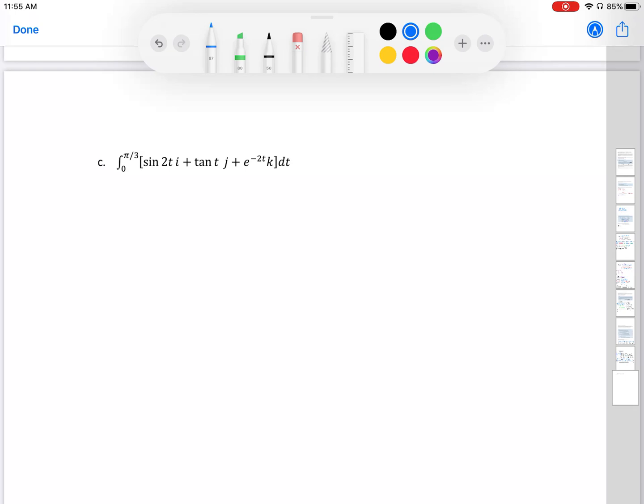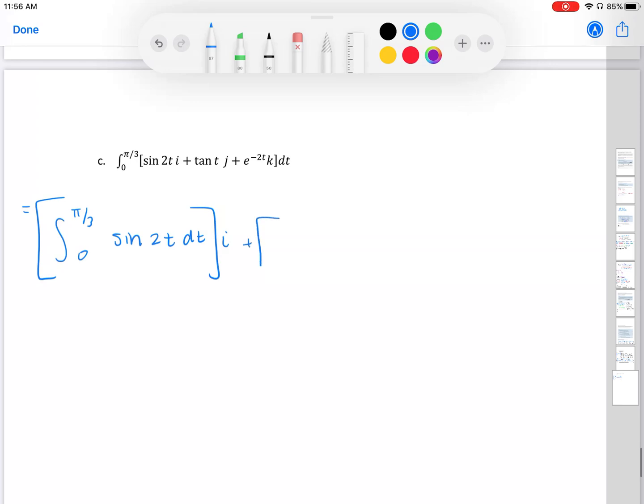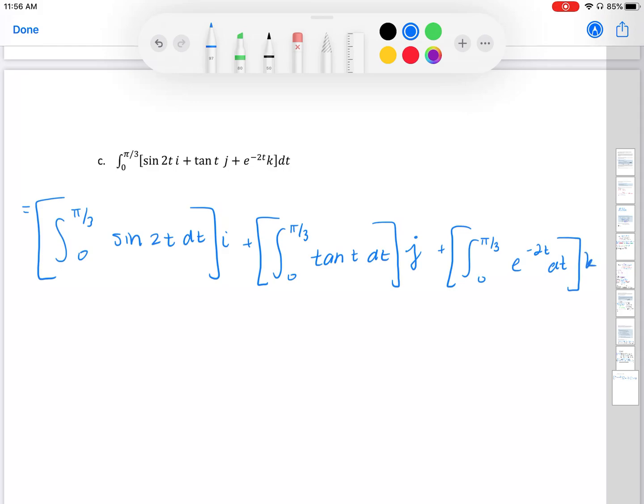So that we have the integral from 0 to pi over 3 of sine 2t dt i, plus the integral from 0 to pi over 3 of tangent t dt j, plus the integral from 0 to pi over 3 of e to the negative 2t dt k.